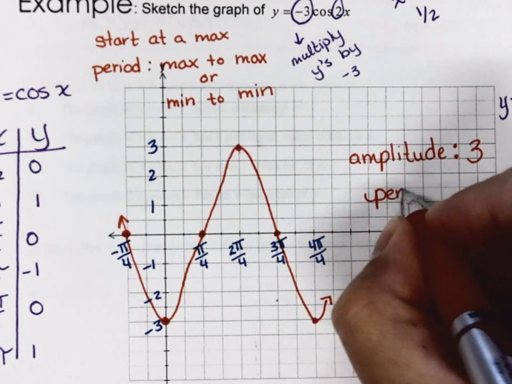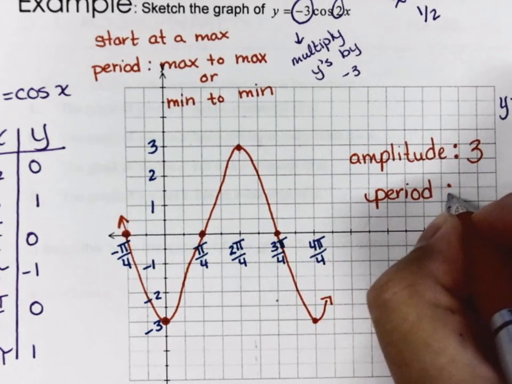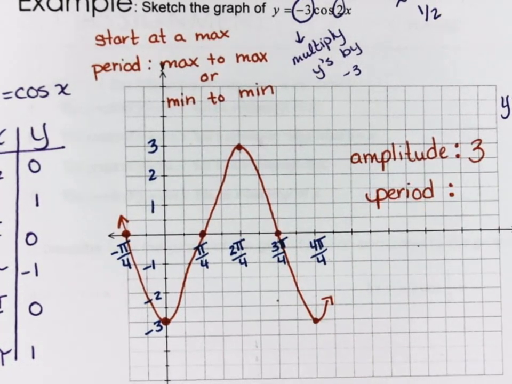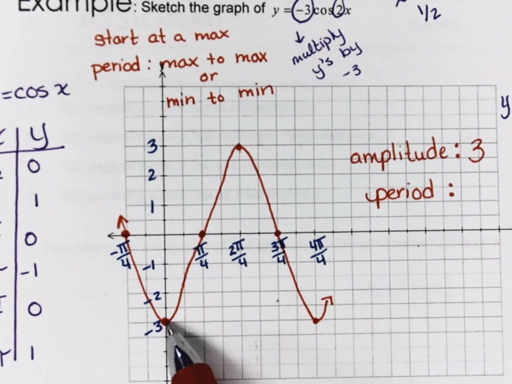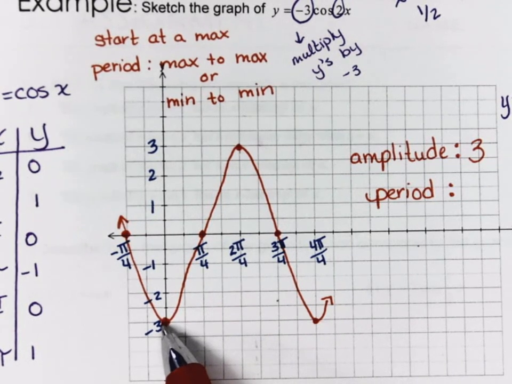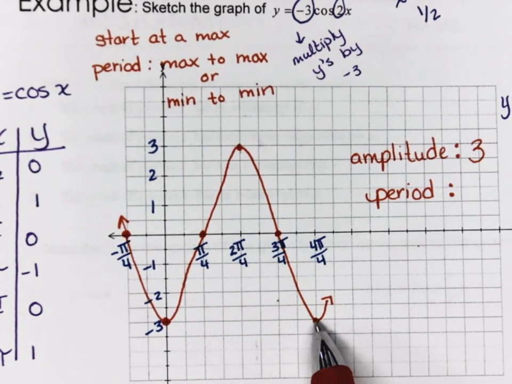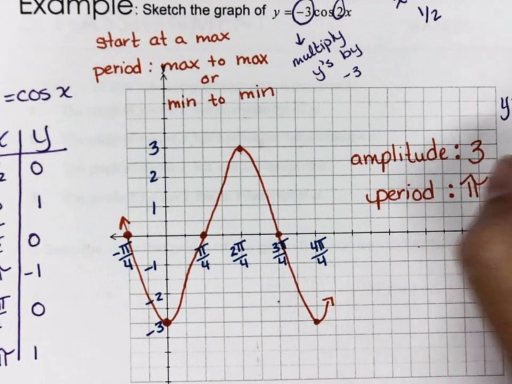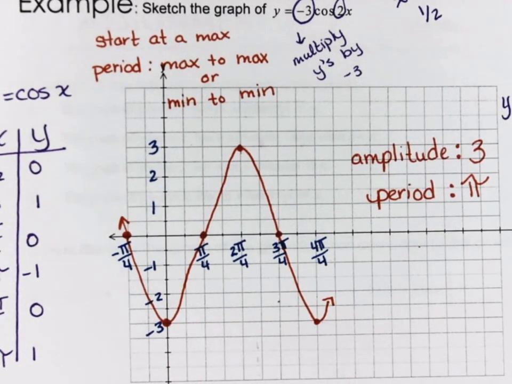And period. It's just pi. Conveniently, my minimum's at 0. Where's the next minimum I see? It's at 4 pi over 4, which is just pi. So oftentimes you can figure this out just by looking at it.